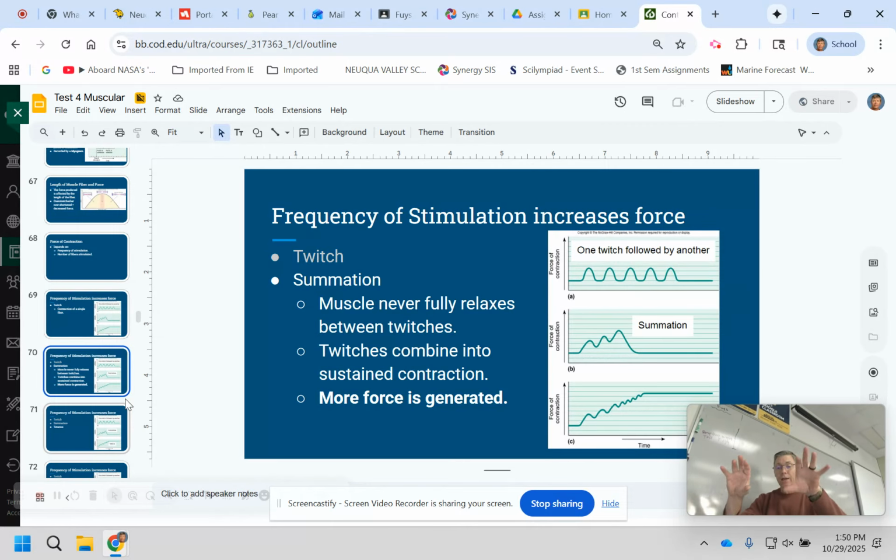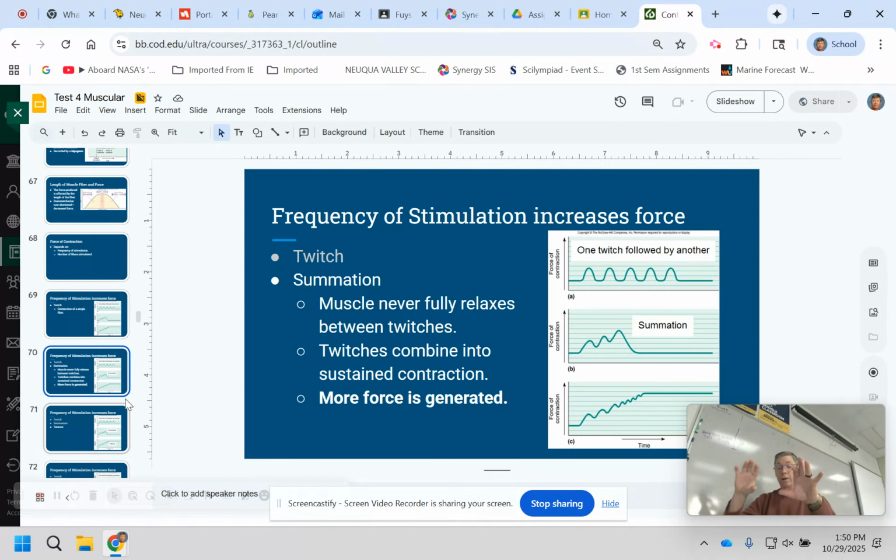So there's two dials that our body uses to control how forceful a muscle can contract. One is how frequently the signals are coming from the brain. The more frequent, the more summation we get, so the more force we get out of each individual fiber. We're talking about individual fibers, though.